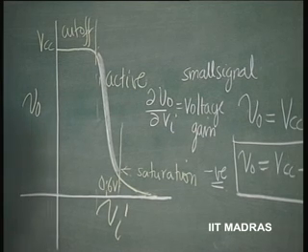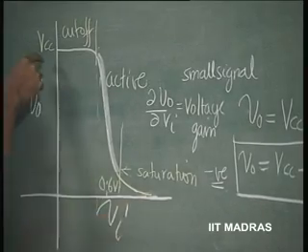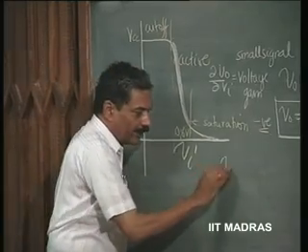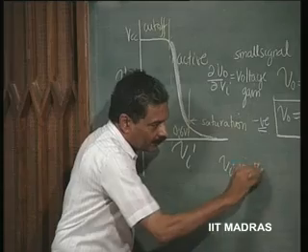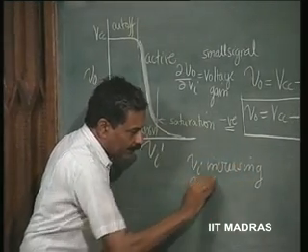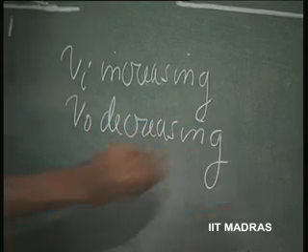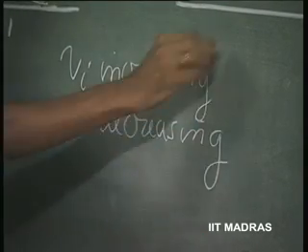What is the negative slope indicating? When the input voltage is increasing, the output voltage is decreasing. When input voltage is increasing, V naught will be decreasing. This is indicated by this.